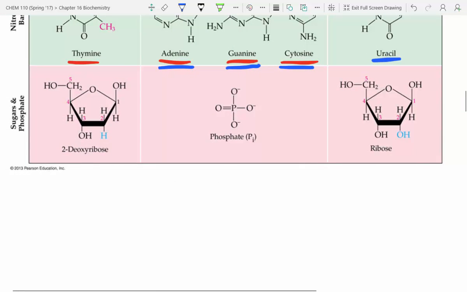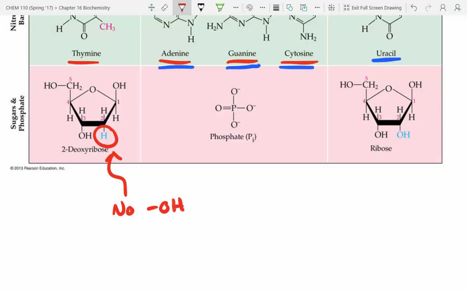So if we look at DNA, the sugar in that monomer has no oxygen here, so no OH in this position for DNA, right?